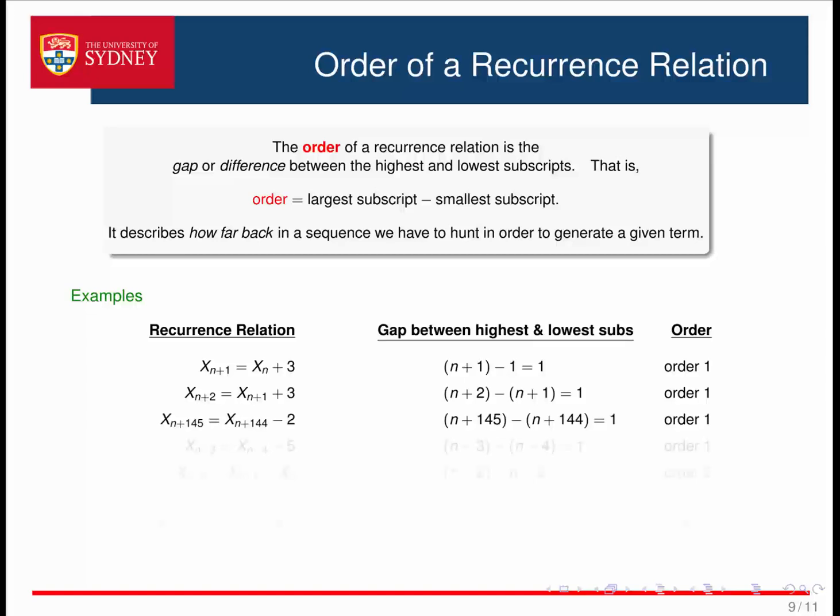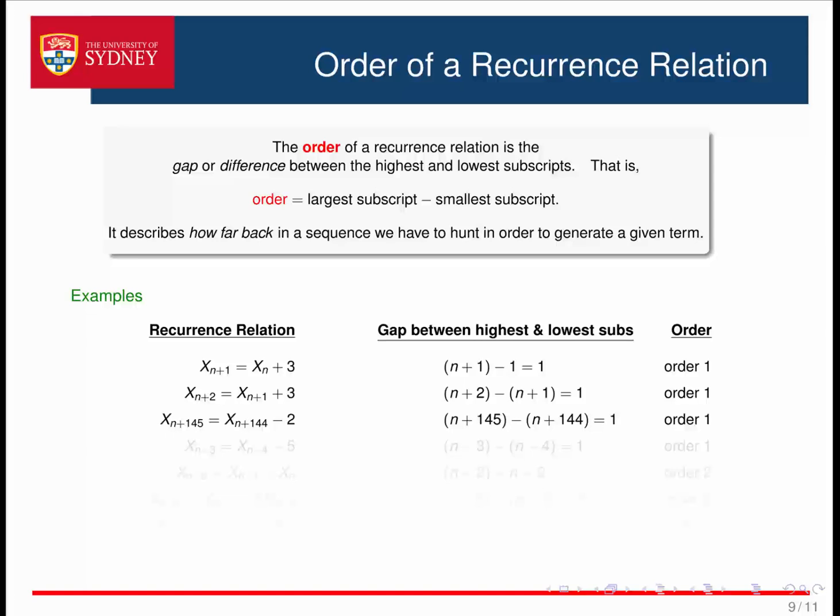To emphasize this point, for this example, the largest subscript is n plus 145. The lowest subscript is n plus 144. Thus the highest subscript minus the lowest subscript is n plus 145 minus n plus 144, which is again 1.